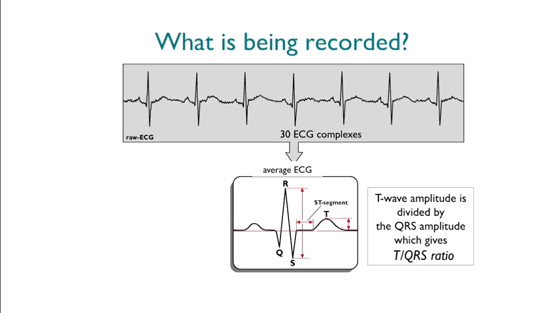So what the machine is measuring is the T-QRS ratio. It doesn't give you a T-QRS ratio for every beat. It averages 30 beats and gives you the average T-QRS ratio for these 30 beats. So it's important to note that every 30 beats, it's going to give you an average T-QRS ratio.